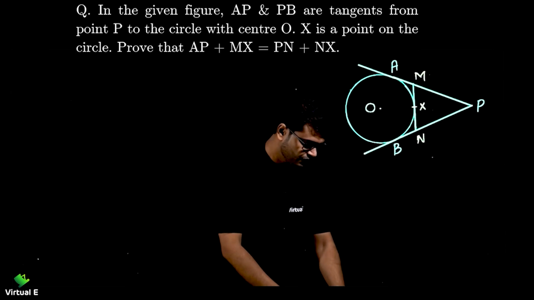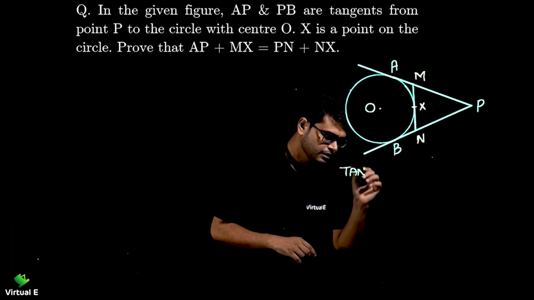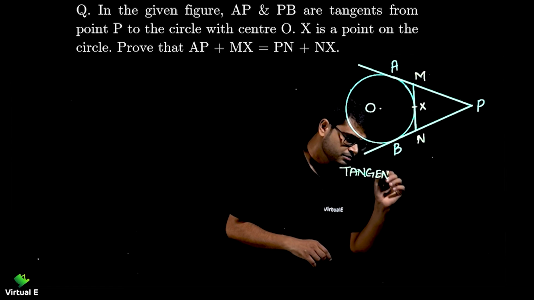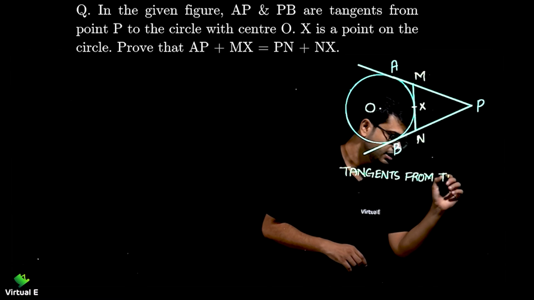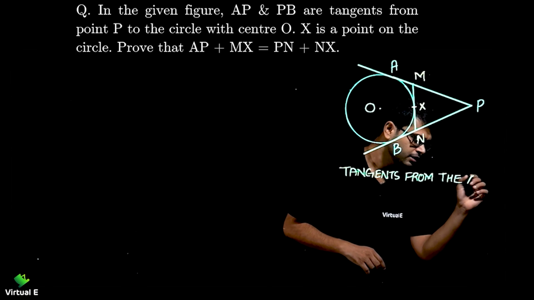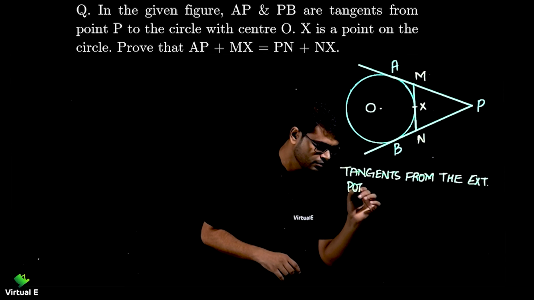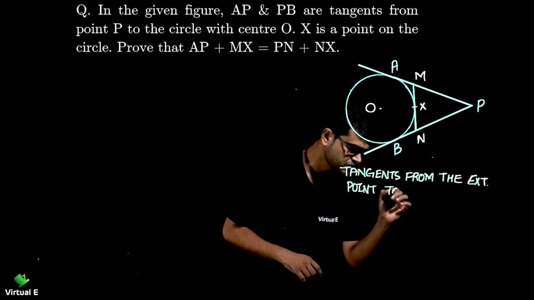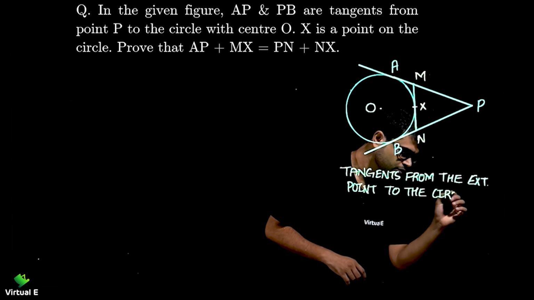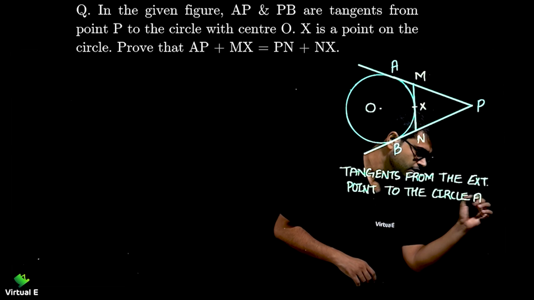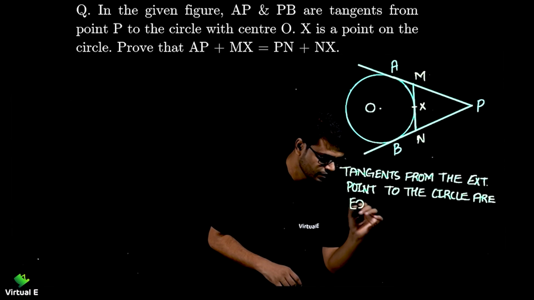Let's start. First I will be writing: tangents from the external point to this circle are equal in length.